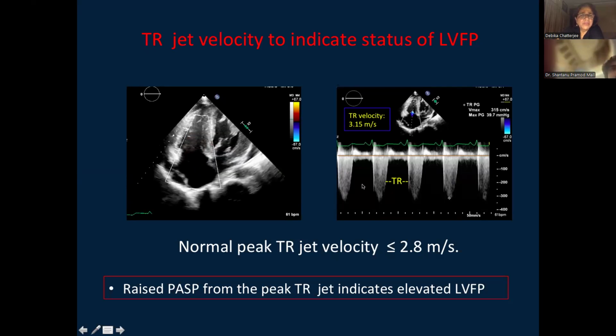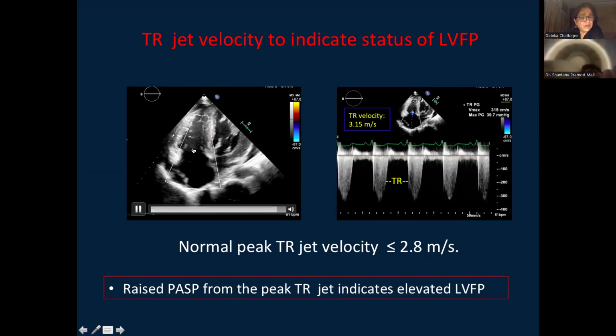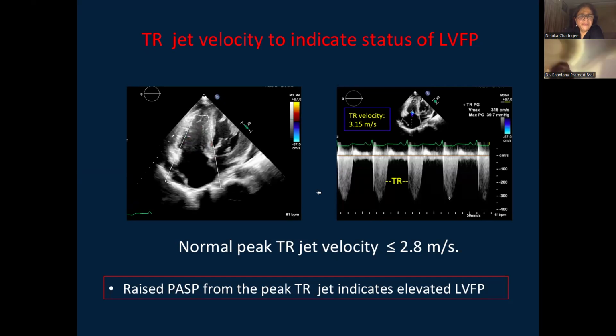You know that around 90 to 95% of the normal population has some mild tricuspid valve regurgitation. But that normal peak TR jet velocity should be less than or equal to 2.8 meter per second.